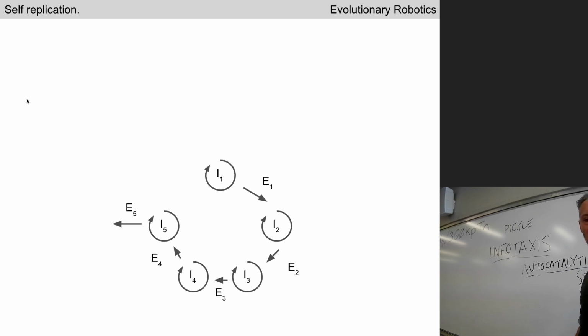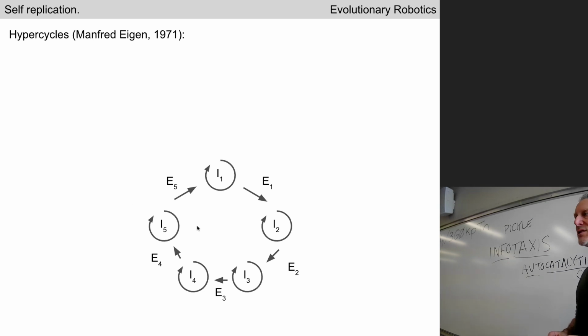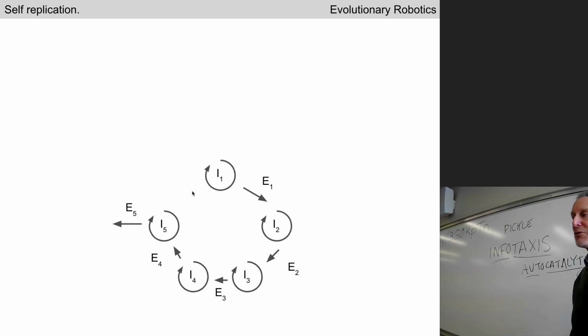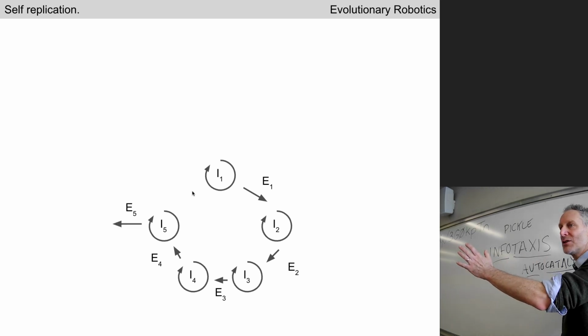Some of those chemicals might float in and out of the hydrothermal vent, or in or out of the tide pool. Some of those random changes might produce more of this autocatalytic set. Imagine that an autocatalytic set emerges spontaneously at an underwater vent or a tide pool, and whatever these chemicals do, they try and keep all of this stuff together. They don't let I5 flow out of the tide pool or away from the vent.